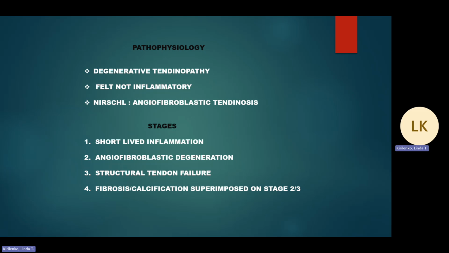Nirschl proposed that it's an angiofibroblastic tendinosis, and he also suggested the initial stage was a short-term inflammation followed by angiofibroblastic degeneration of the tendon, followed by mechanical structural tendon failure. There can be superimposed fibrosis and calcification.